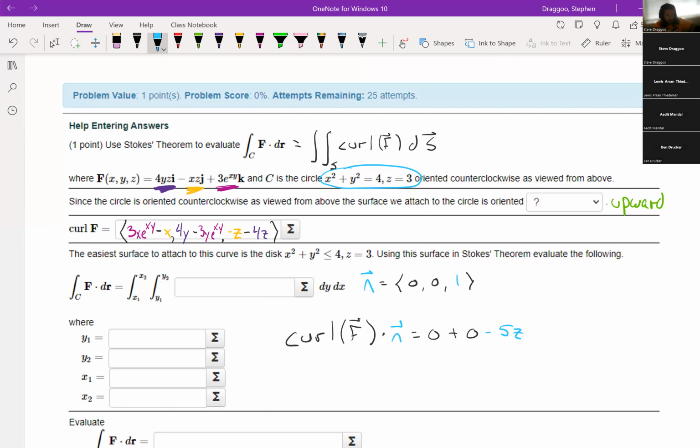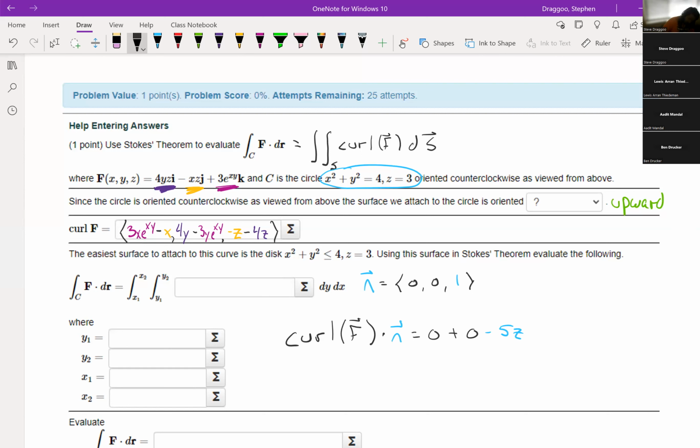Since the z component of the curl is the only one that mattered, simplify that. Negative z minus 4z is negative 5z. Multiply by 1 to get that. And then our curl dot n is just negative 5z.